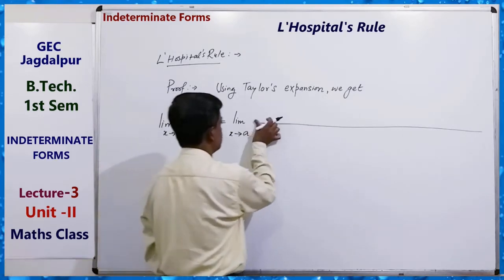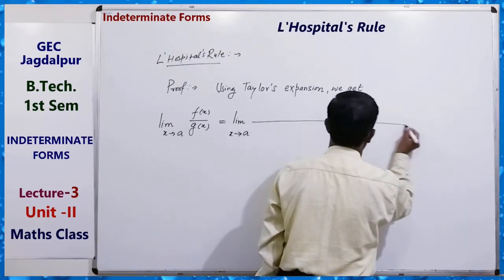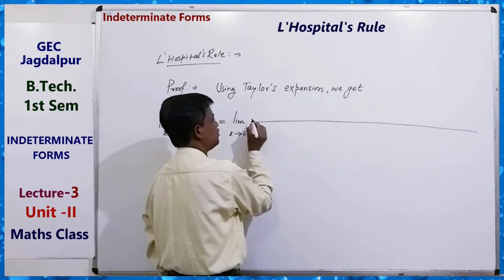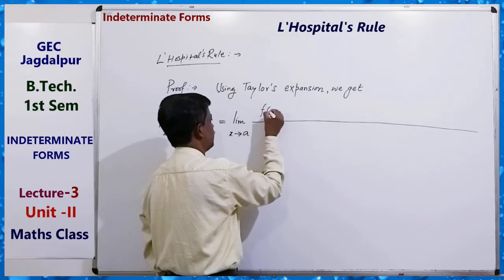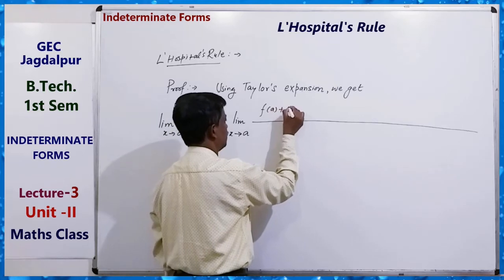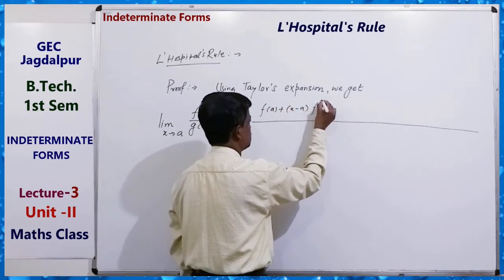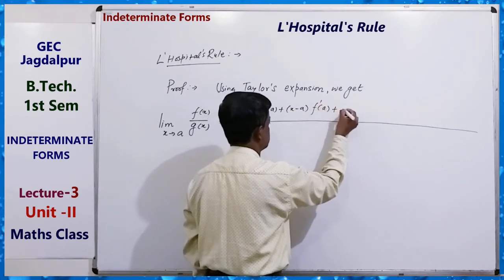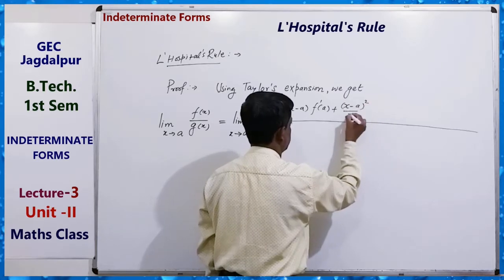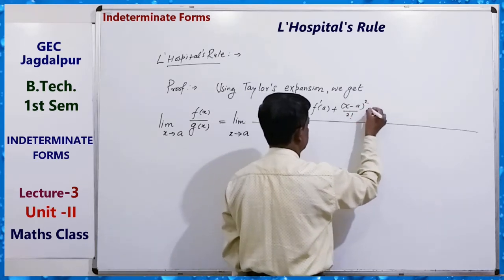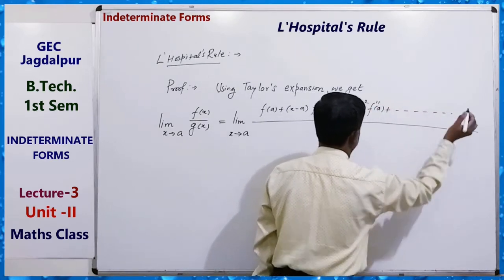So first, the value is what? f a plus x minus a f dash a, plus x minus a square by 2 factorial f double dash a, and so on.